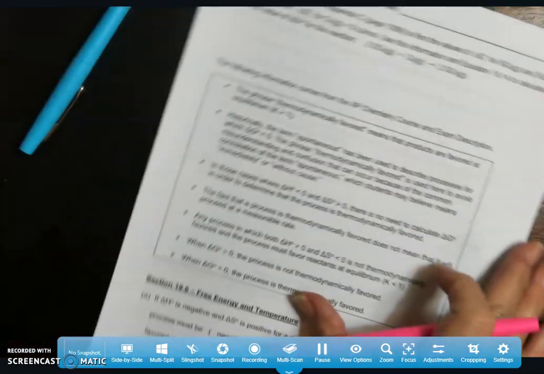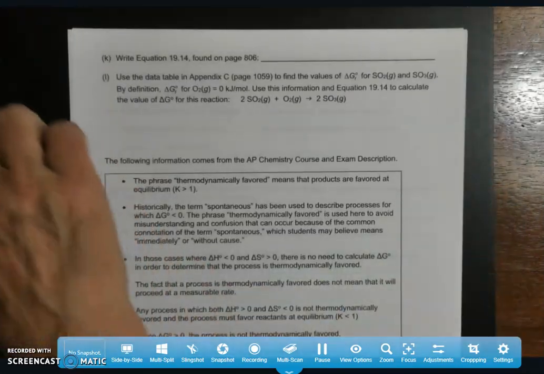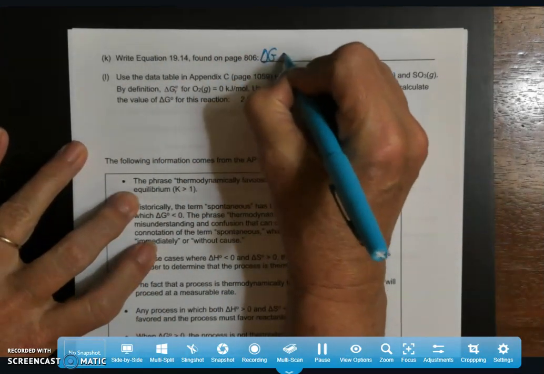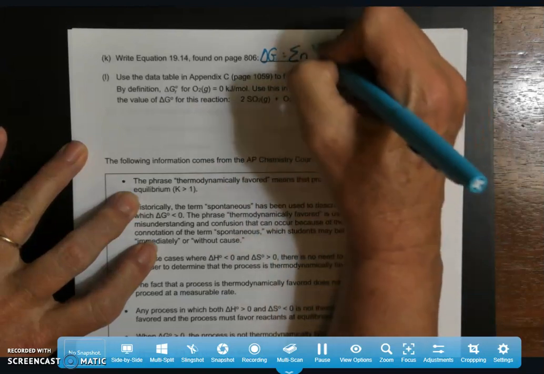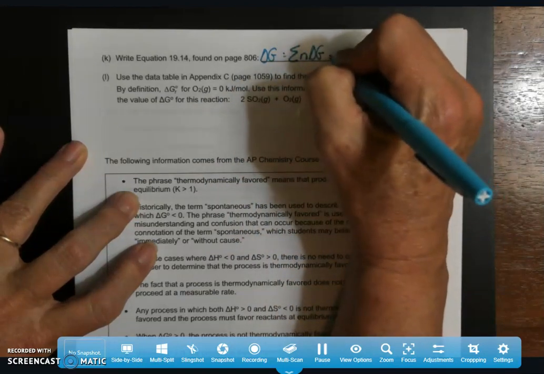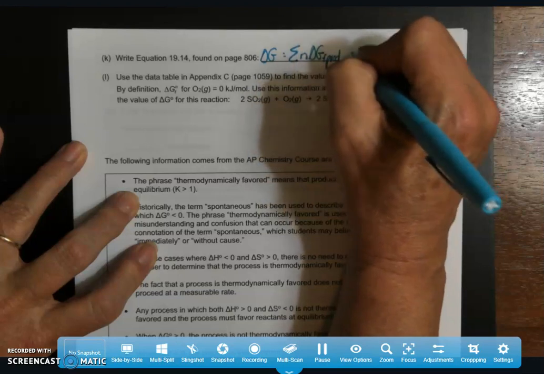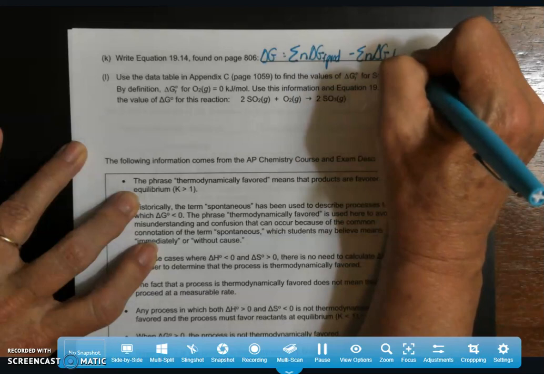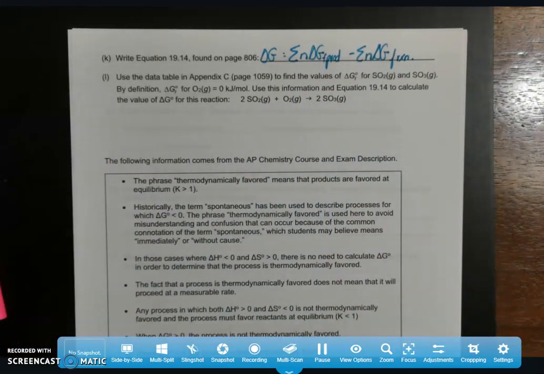So I can also calculate delta G if I need to, using the same formation of products minus the sum of the formation of reactants, to do the same problem here as I do for enthalpy and for entropy.